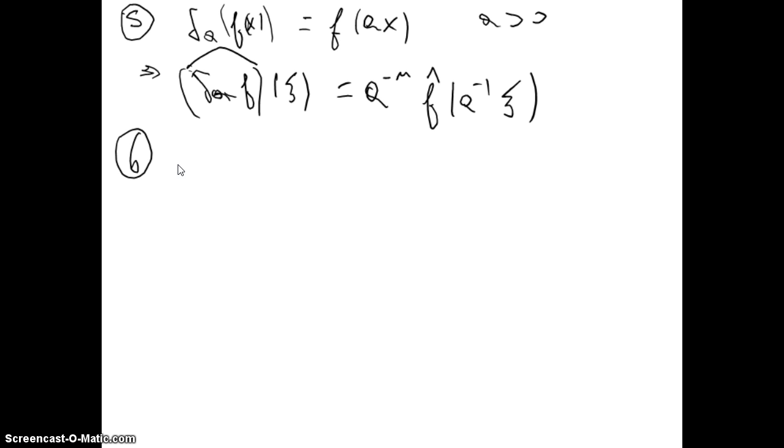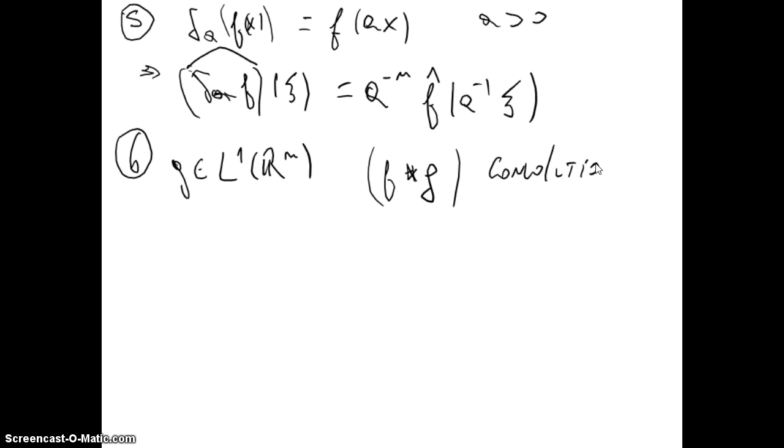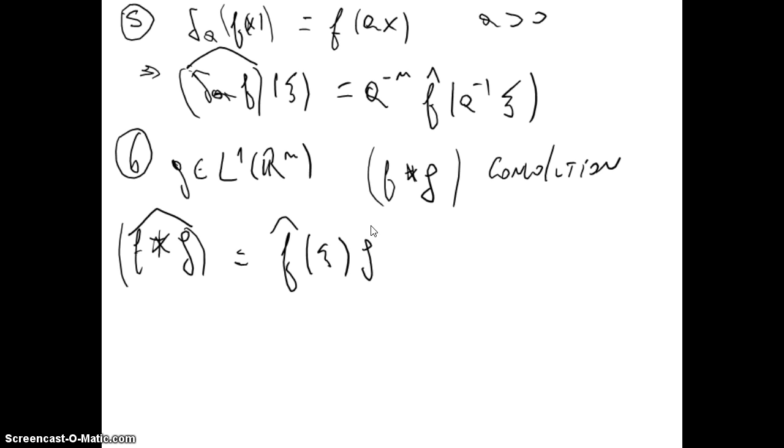Then if g is in L1, and recall that f star g is the convolution of f and g, then the transform of the convolution of f and g will be the multiplication of each of the functions' transforms. We have already seen this.